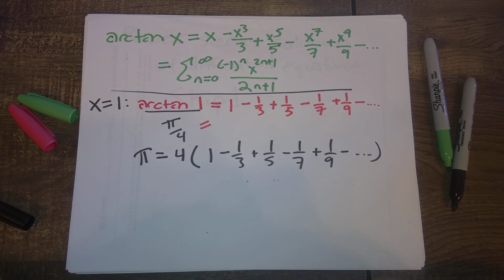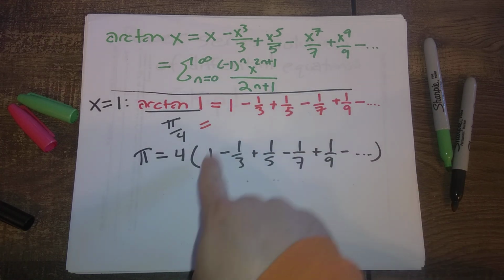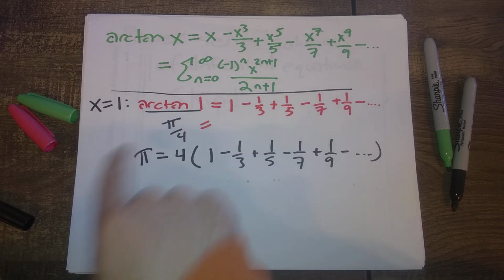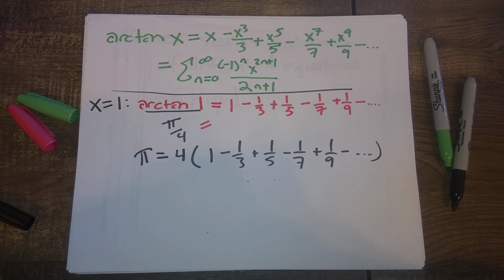And so here we have this very cool formula. It says that if you do this series, what is the value of the series? It is pi over 4. This gives us a way to calculate pi. In case you're wondering, when mathematicians say pi is 3.14159265..., where is that coming from?